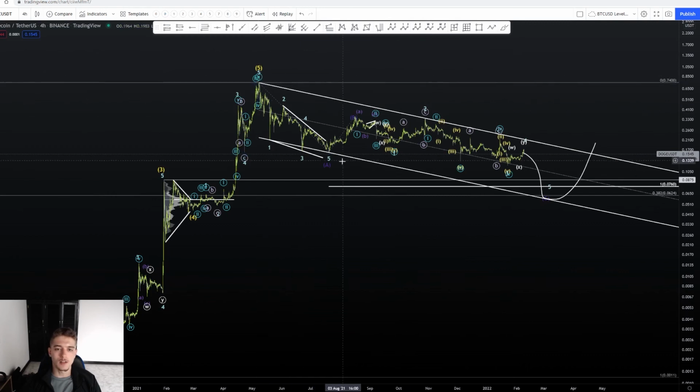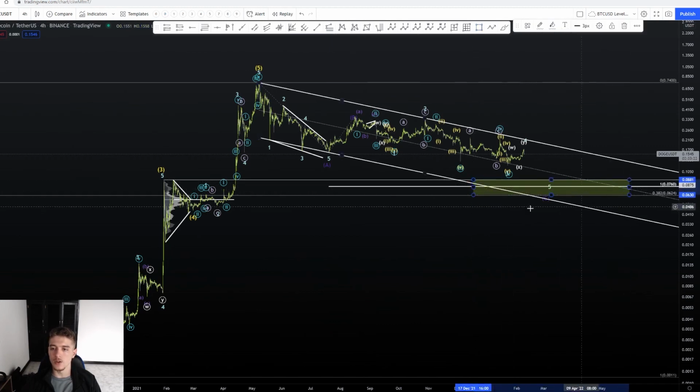So it would be the length of wave A compared to the top of wave B, and we'd be looking for wave C to equal about the same as wave A on log scale. And that would come in right around this zone right here, around 7.6 cents. So my guess is, assuming we haven't yet put in a 5-wave impulse for this wave C, we're probably going to bottom out anywhere in this range right here, in this zone of confluence.